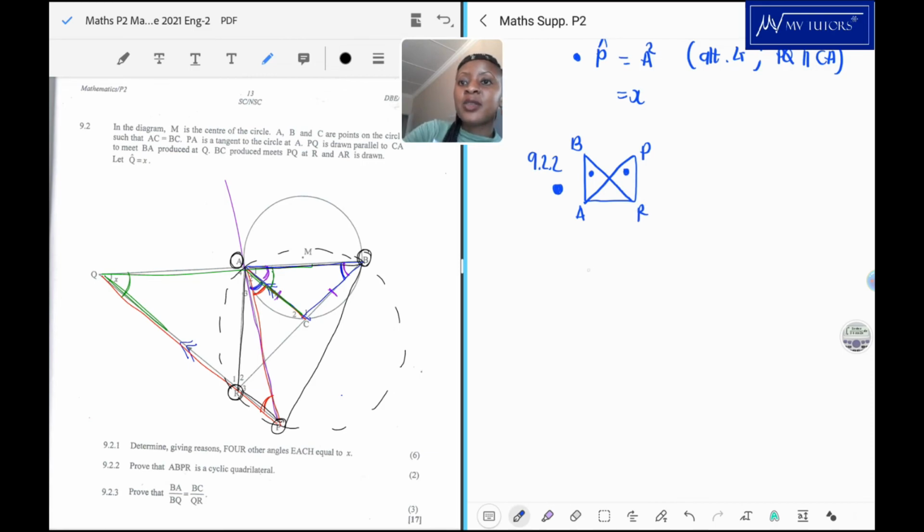Okay, so definitely we could say that, because we write it like this. Because angle B is equal to angle P, which is equal to X, ABPR is a cyclic quad.